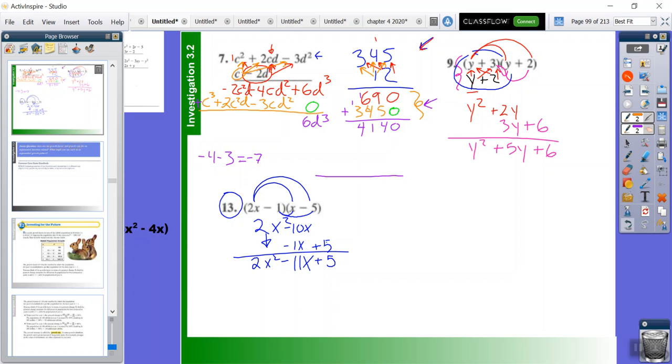So we have our number line. Here's negative 4, negative 5, negative 6, negative 7. If we're at negative 4 on the number line, then we have to move 3 in the negative direction. 1, 2, 3. So that gets us to negative 7.